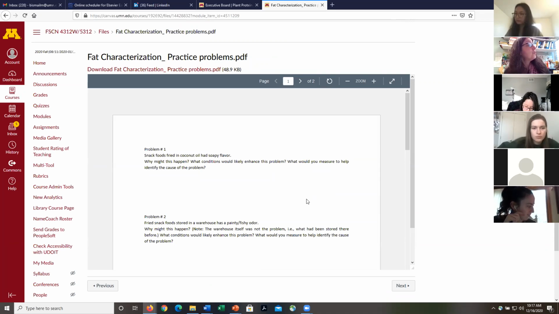So when you have a soapy flavor in a snack that has been fried in oil, what could this flavor be due to? Soapy flavor. What do you think happened when you're frying? So you have water from the food, and then you have the oil, and then you have heat.